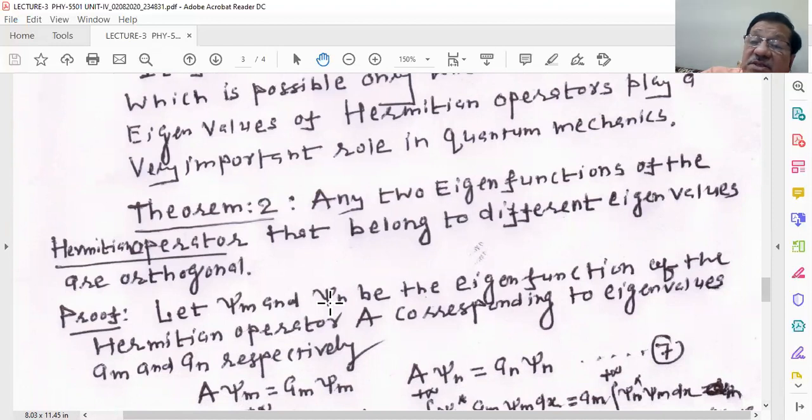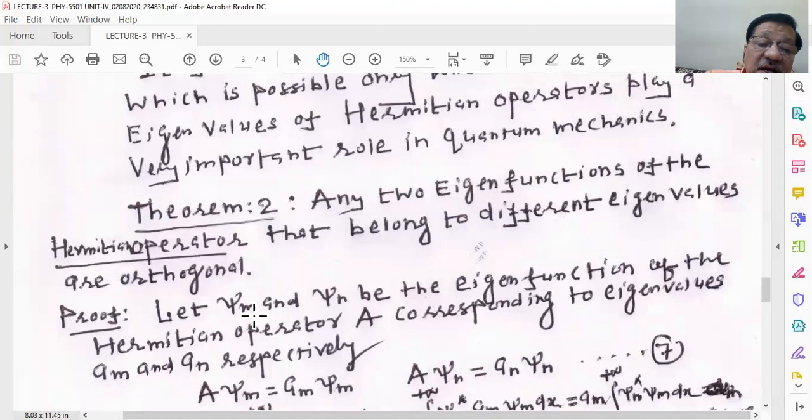Both are eigenfunctions of the same operator, which is a Hermitian operator, but they have different eigenvalues. So if psi m and psi n are the eigenfunctions of the Hermitian operator A, psi m is the eigenfunction of A belonging to the eigenvalue Am, and psi n is the eigenfunction of A belonging to the eigenvalue An.